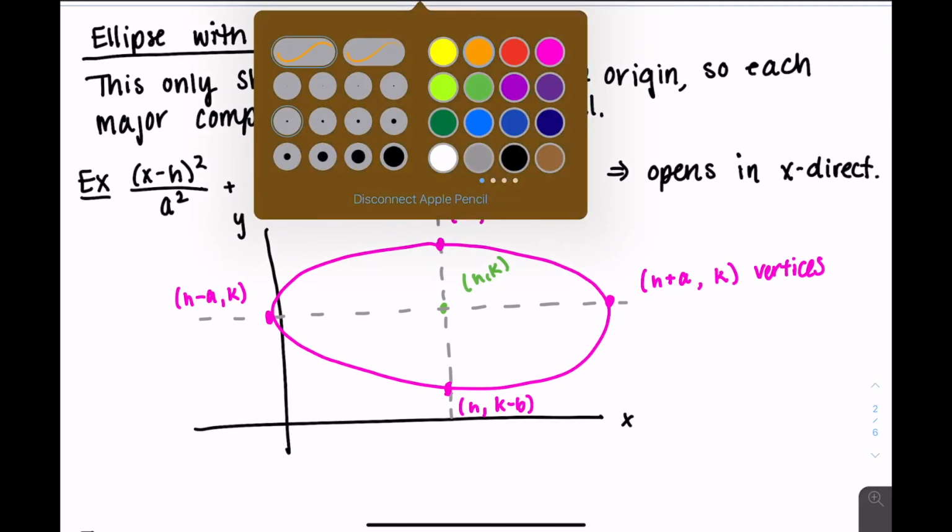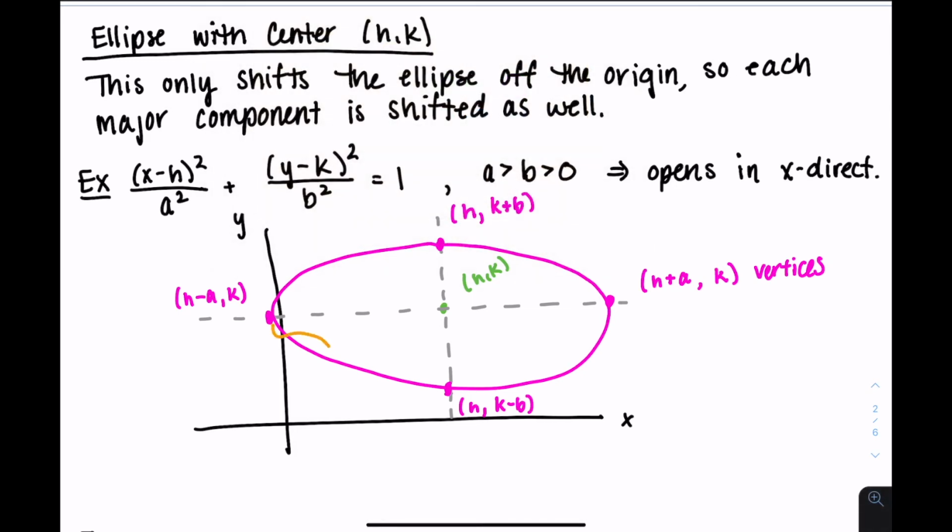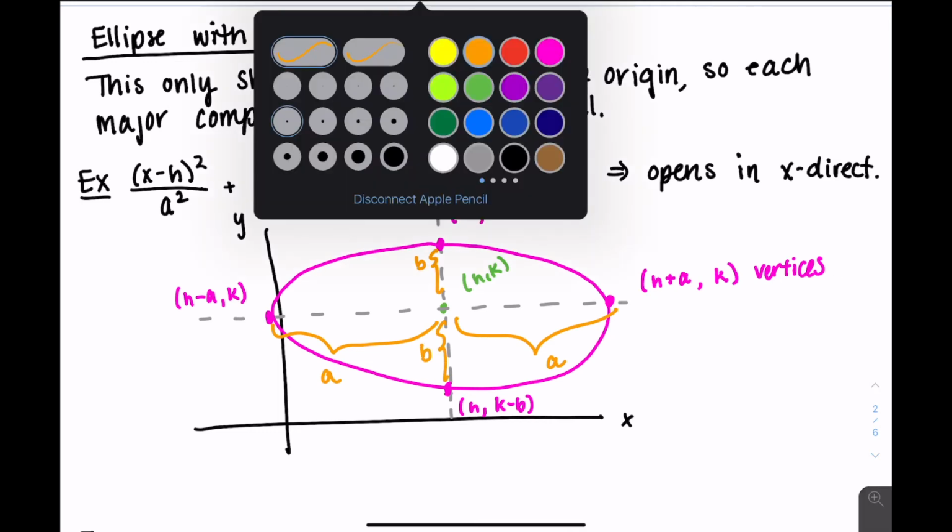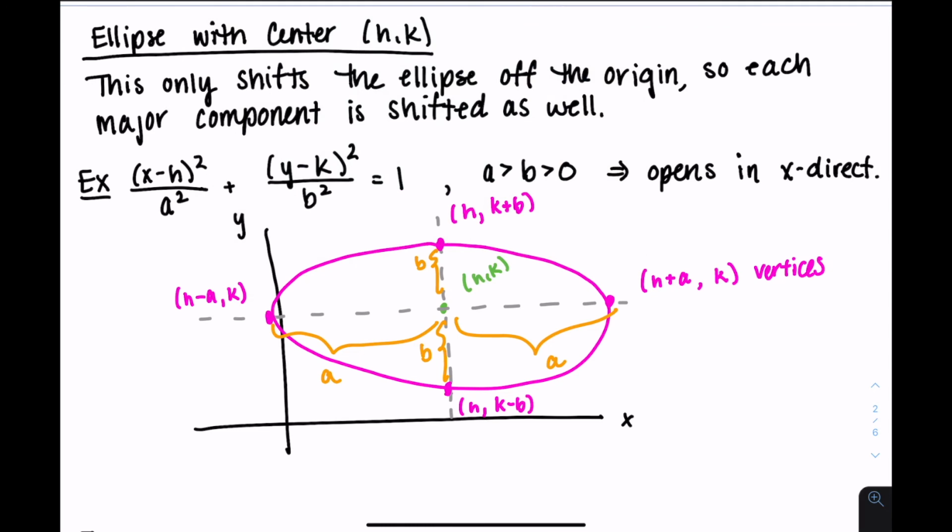So this is the distance a from here to here, and this is the distance a from here to here. And same thing, this distance is b, this distance is b. To find your foci, you're going to move left and right that distance of c, because everything important is going to be in the x direction since that has the larger quantity.